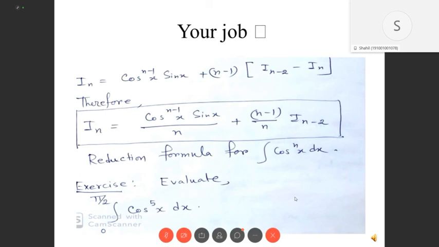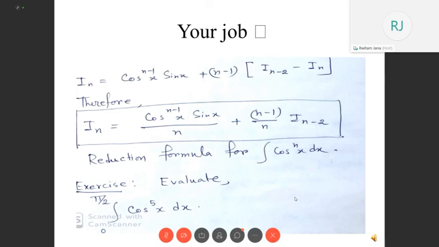Now you will put the limit 0 to pi by 2. Then your left hand panel will be 0 first. Put n equals to 5 in your reduction formula, and you will get I5 value is nothing but 4/5 into I3.